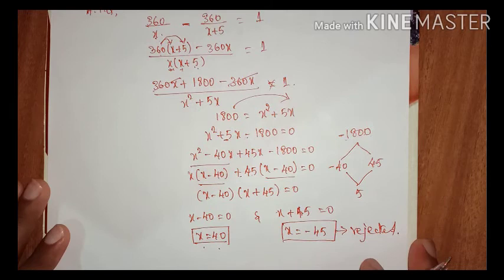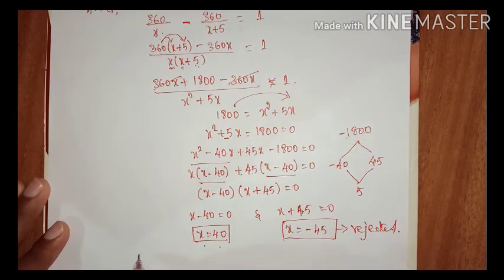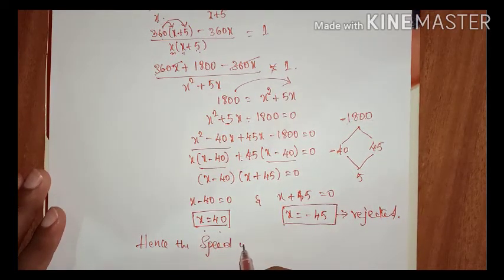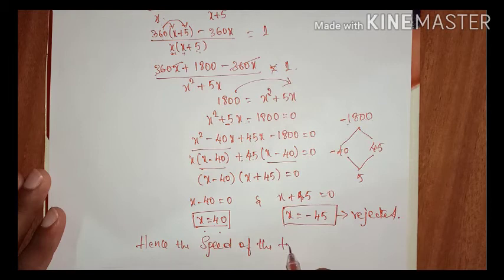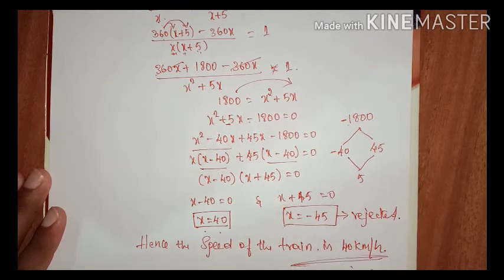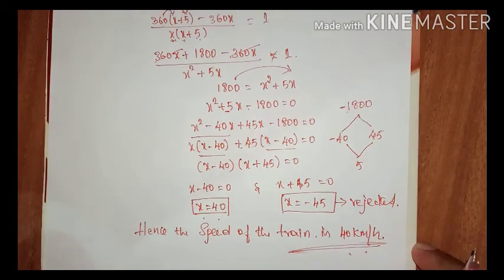So it means the speed of the train is 40 kilometers per hour. That's all. Okay, thank you.